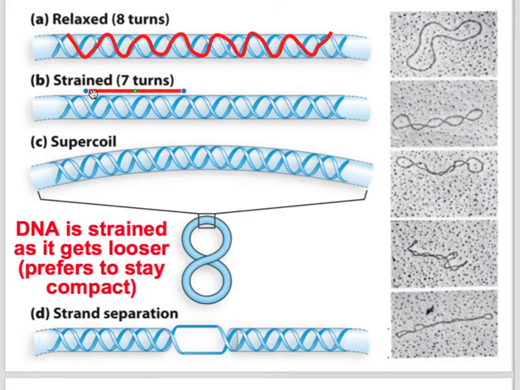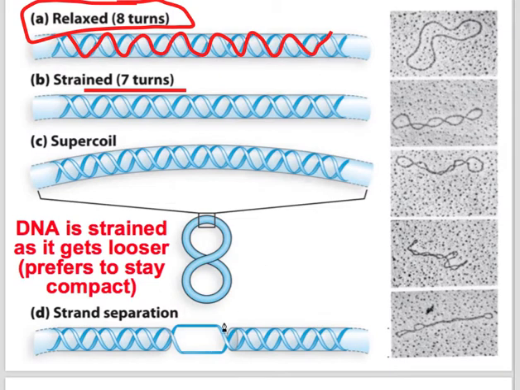Now, this is called strained because you're basically going to strain something if you go to 7, or let's say if you went to 9. So if you hypercoiled this or less coiled this, DNA does not like to get out of this relaxed state. You have to force it into that supercoil state, because otherwise it's going to try and stay at this 8-turn conformation. So anytime that we're doing this, that means we're going to put some pressure on this molecule, and you are likely going to have to use ATP to put that in the right position.